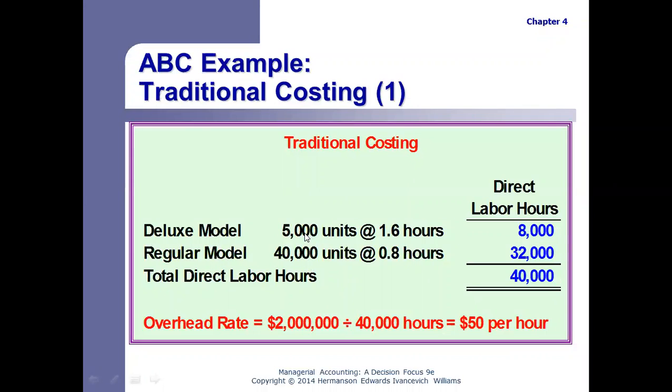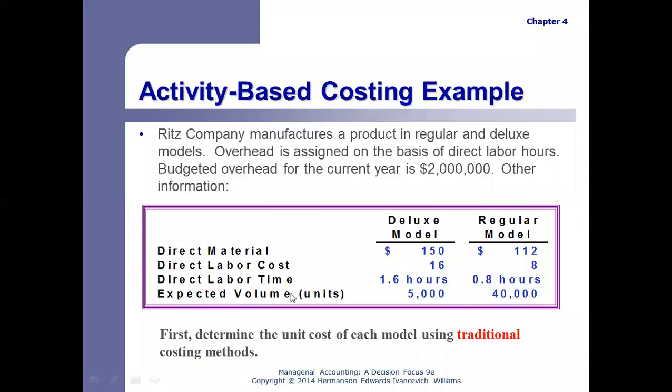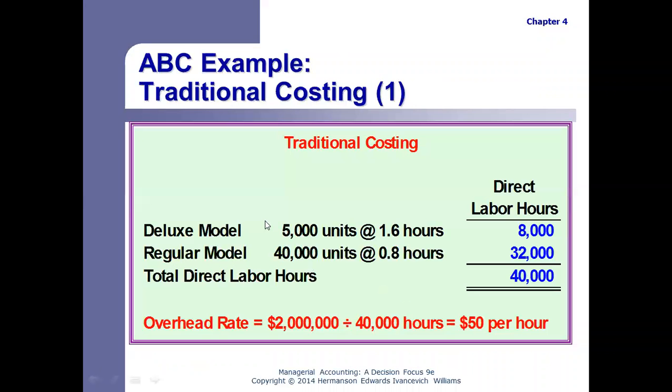So what you have to do is you take that number of units, and again, let me go back here, expected volume. So we're going to make 5,000 deluxe models. We're estimating we're going to make 40,000 regular models. So the first step is to take the 5,000 units of the deluxe model that we're going to make, multiply it by that 1.6 hours of direct labor for each unit.